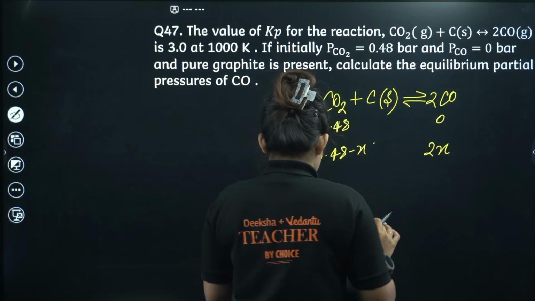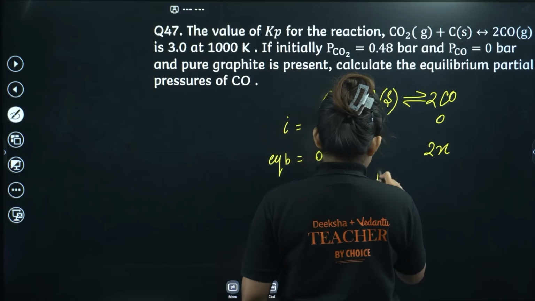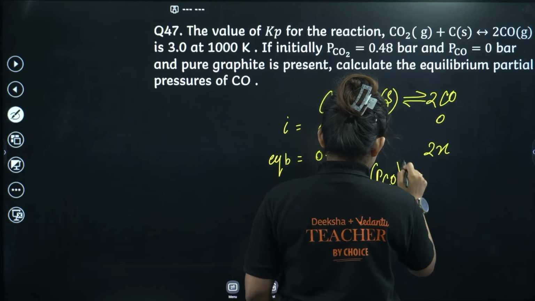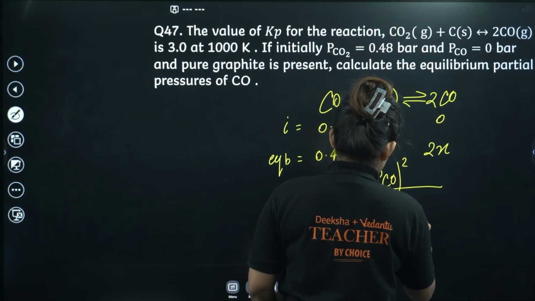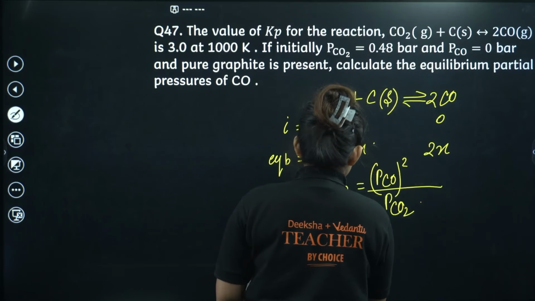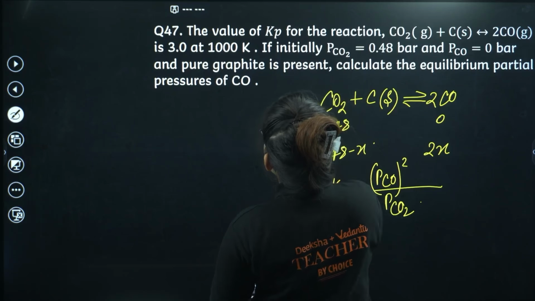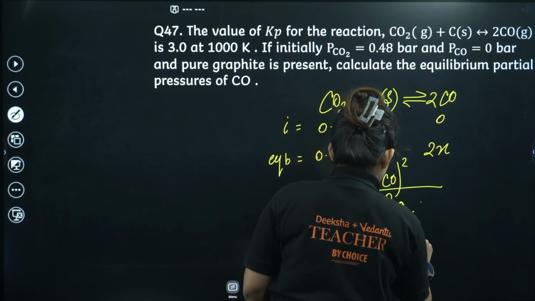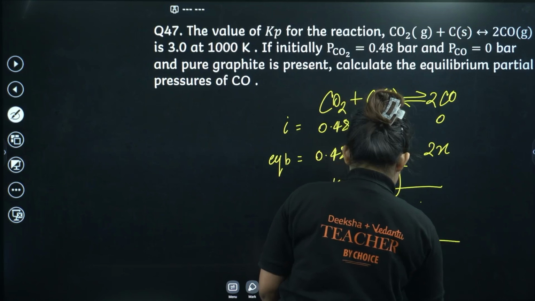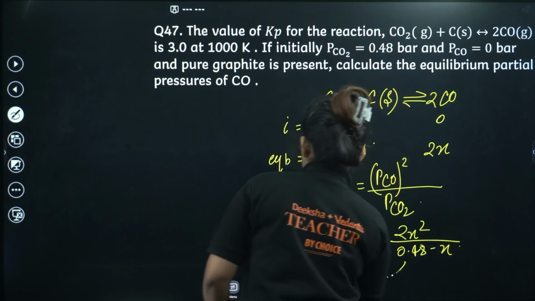Now Kp is equal to pressure of CO whole square divided by pressure of CO2. The solid we will not take. Let's put the value. Kp is given, that is 3.0 equals (2x) square divided by 0.48 minus x.